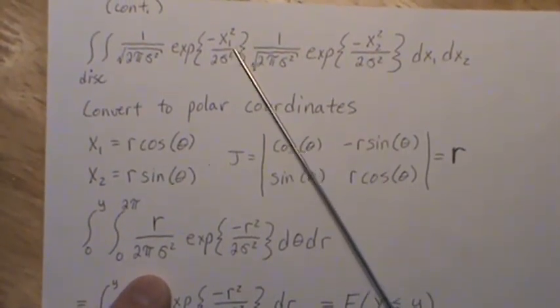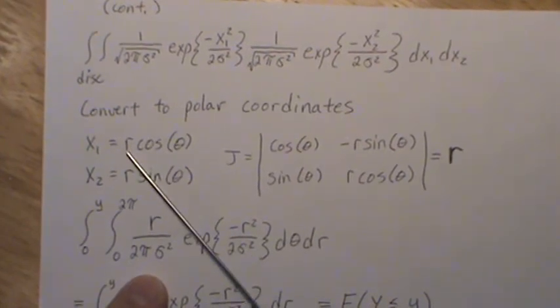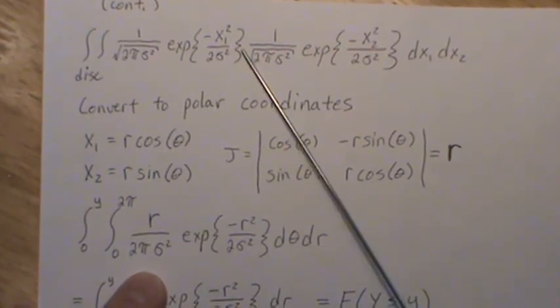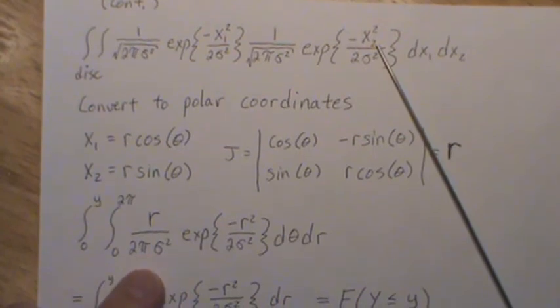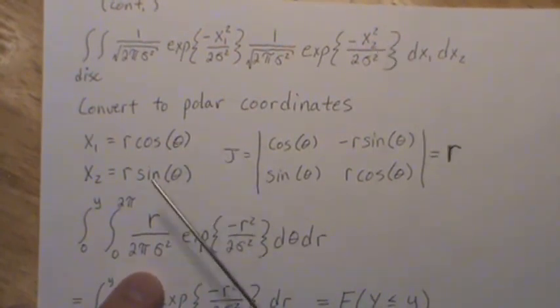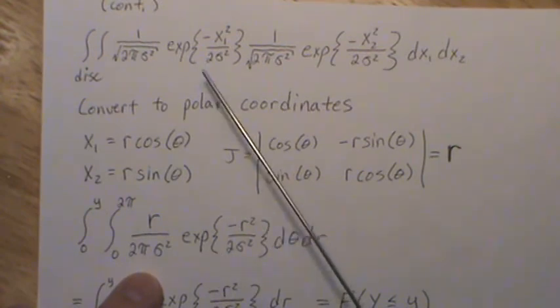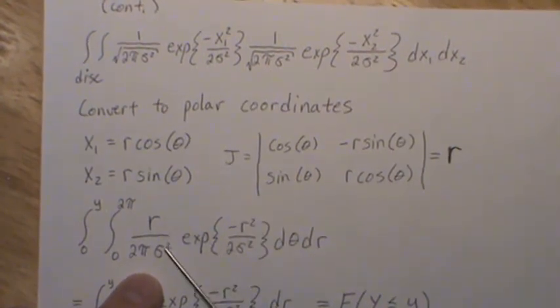So for x squared, we plug in this and we get r squared cosine squared, and here we get r squared sine squared. The r squared can be factored out, the other is 1, so we get this from the exponents, and then we have to add those to this.